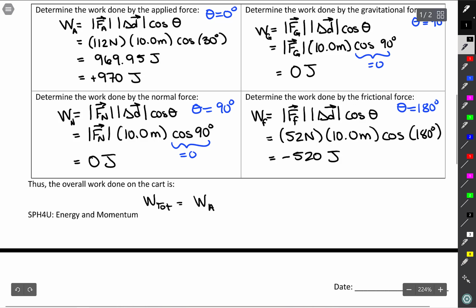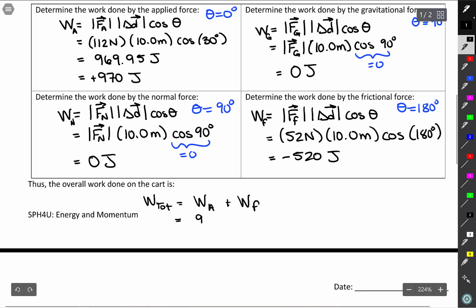So it would be the work done by the applied force. I've added A, N, G, and F to my work equations just so I can think of where this work came from. So this is the work done by the applied force plus the work done by the frictional force, because those are the only results that we found in the horizontal direction.